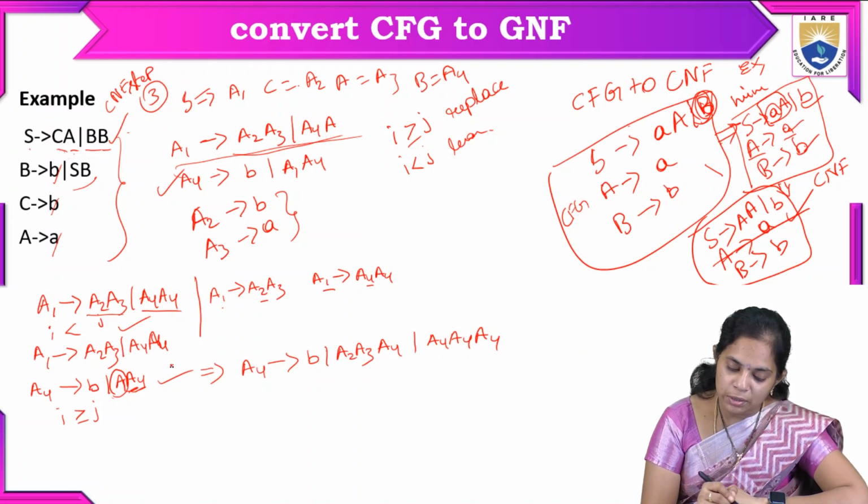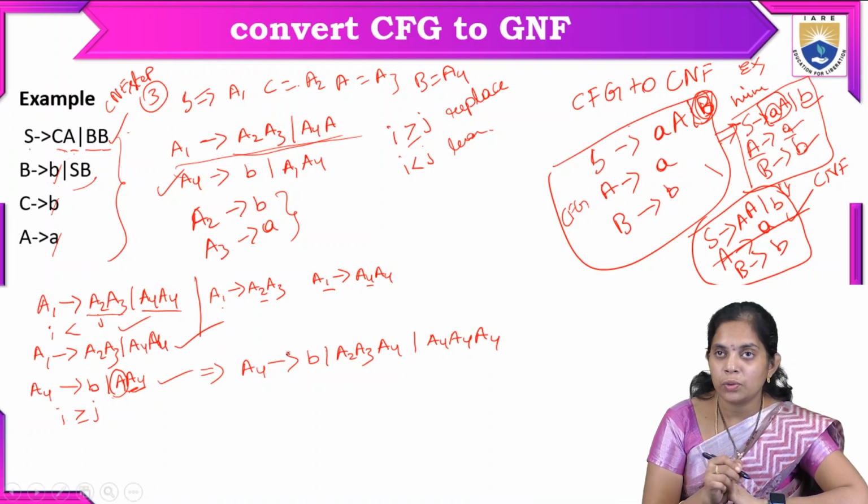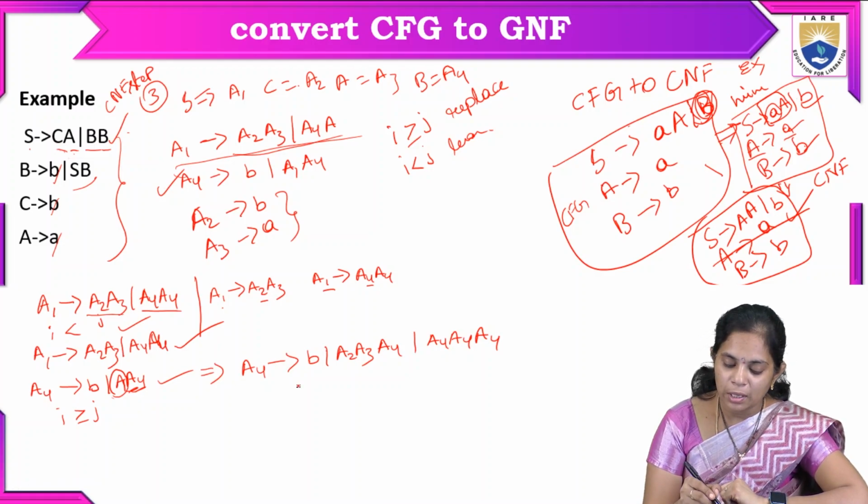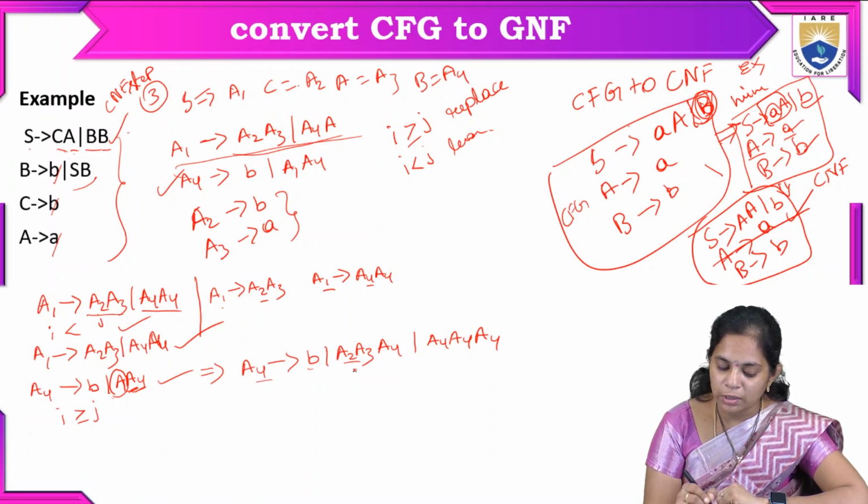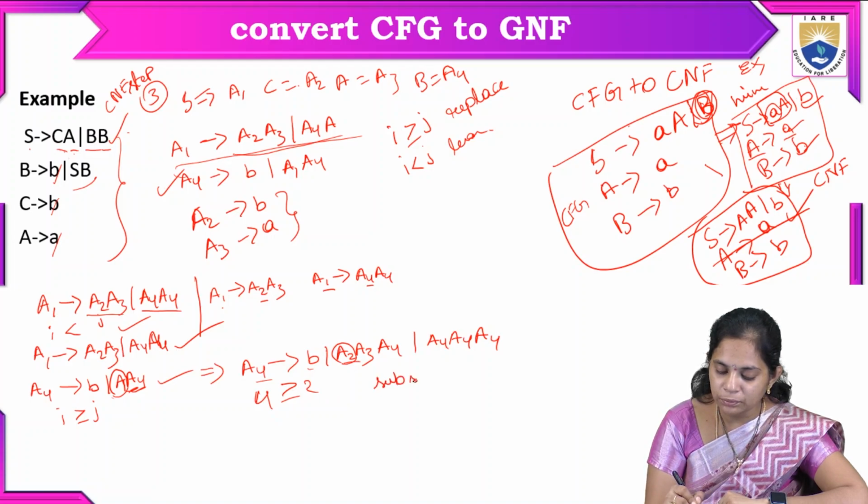And now we need to check. So A1 is already checked, so there is no replacement. And then we need to check for the A4 also. For every production rule, we need to check. So here also A4, 4 is greater than 2, so we need to change this A2 also. How will we change? We will just substitute the A2 value. So A2 tends to B. So here A4, B, B and A3, A4.